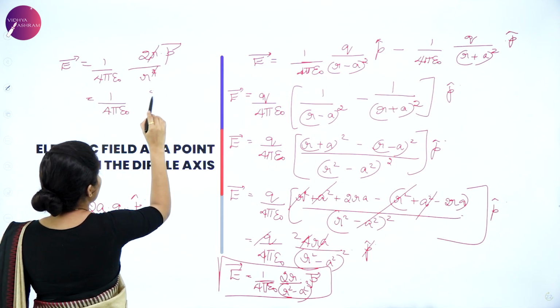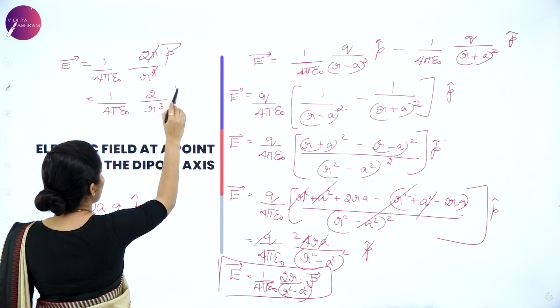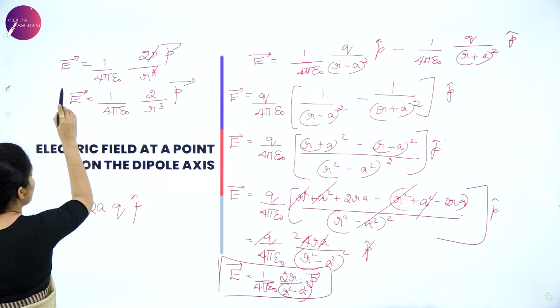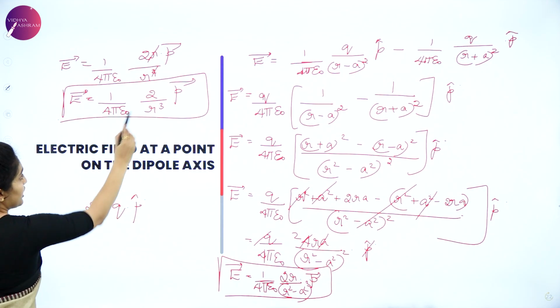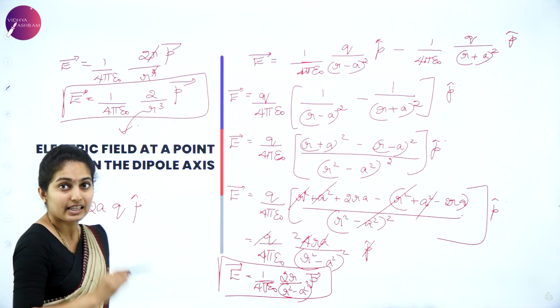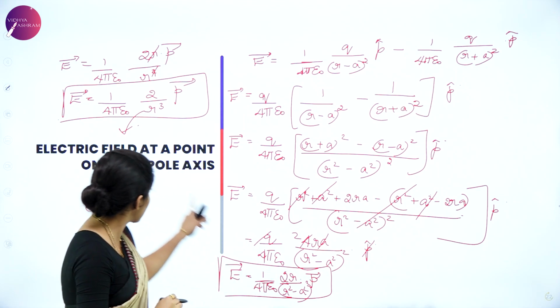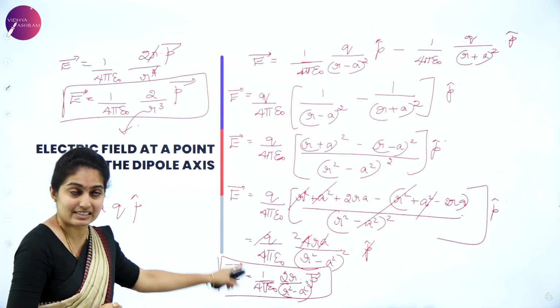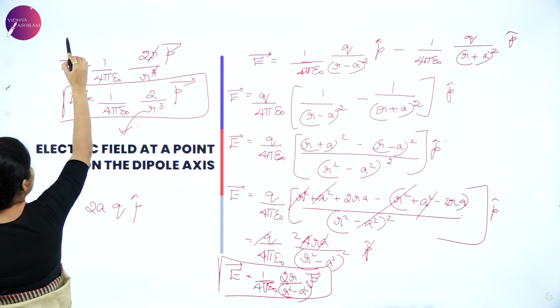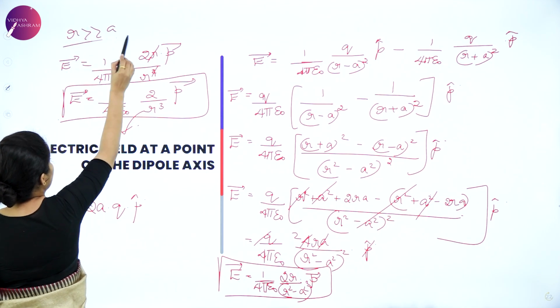R cancels with 1 R. So 2 divided by R cube of P vector. This is the complete set of equations for electric field at a point on a dipole axis. This case will arise only if R is greater than A.